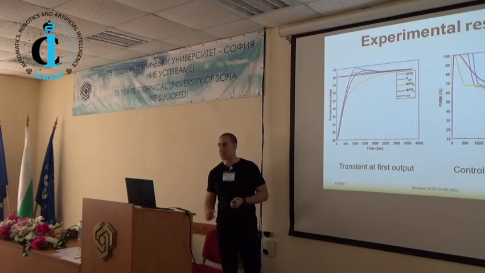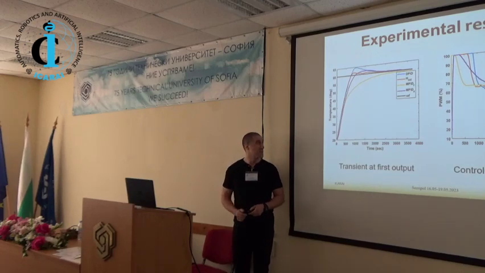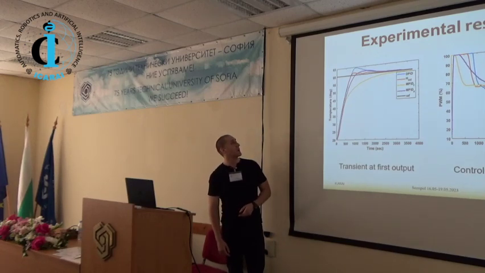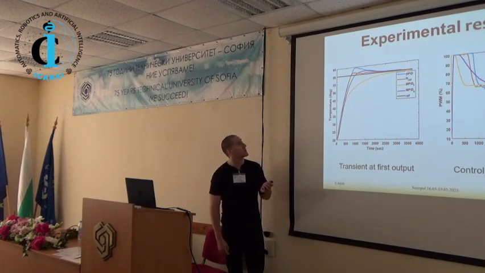We did 2 sets of experiments this time. The first one is again a reference change on the 3 different loops. Here we have, in red color, the full-order H-infinity controller. And we decided to compare everything again with the blue line, the so-called decoupling PID.